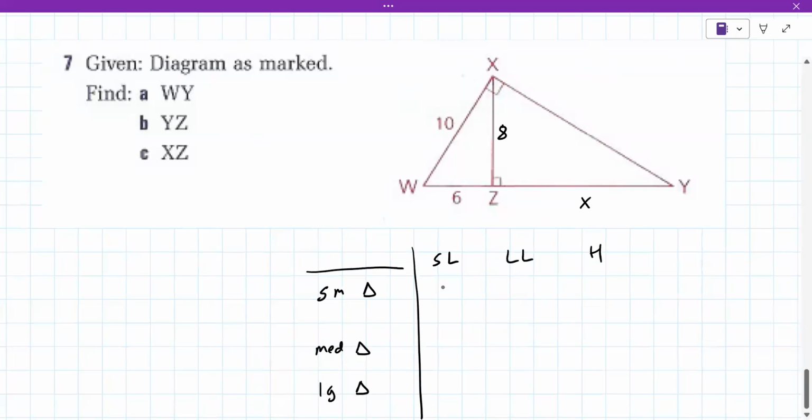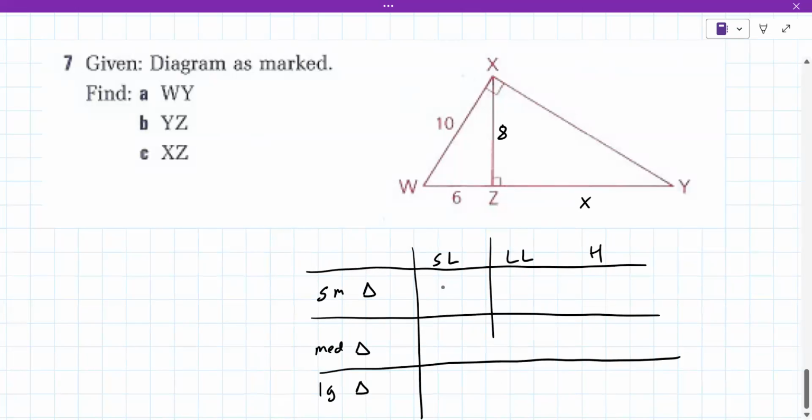You have to decide what you need to be able to write a proportion. For the small triangle, you have everything. For the medium triangle, you only have the long leg. For the large triangle, you have the short leg. For example, here, you just need 3 of the 4.